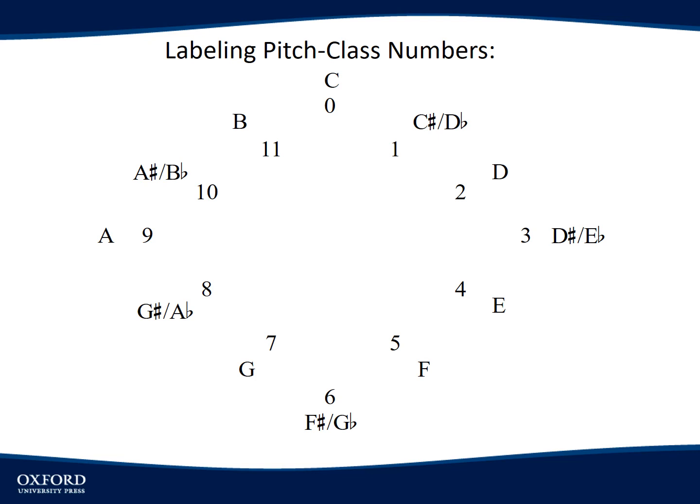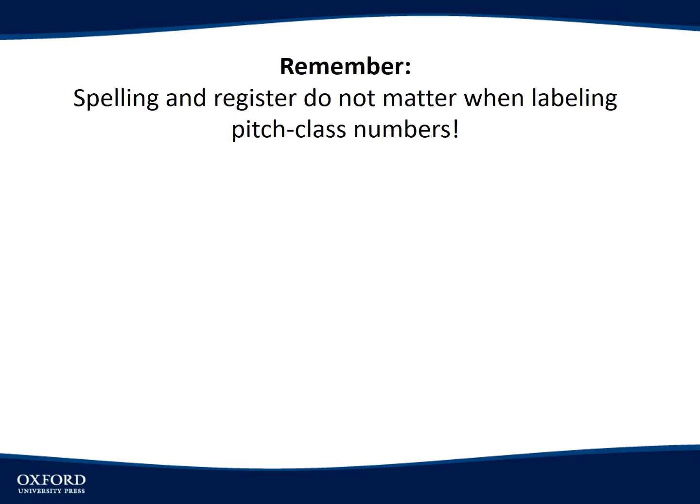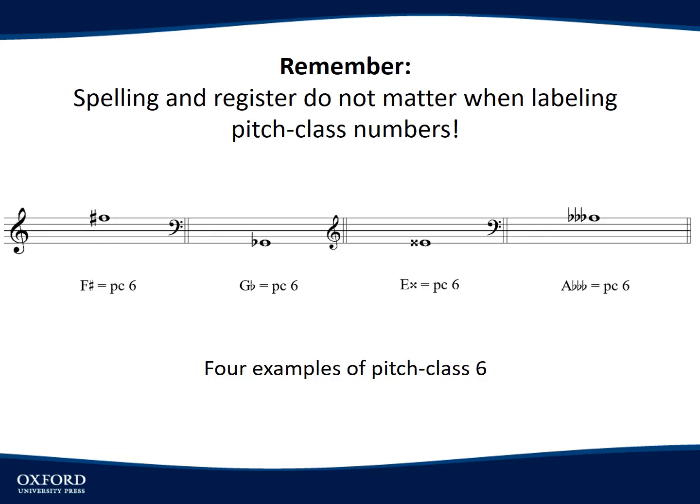For example, pitch class 0 would also include B sharp, D double flat, or any other spellings. For example, here are several pitches with different spellings and registers that all can be categorized as pitch class 6. Integer notation gives us an easy way to represent all pitch classes with any spelling in any octave.